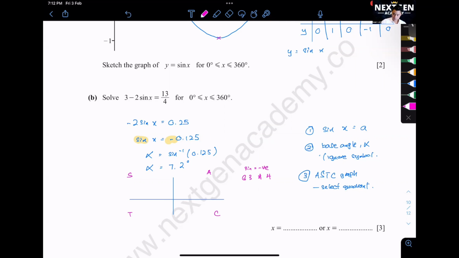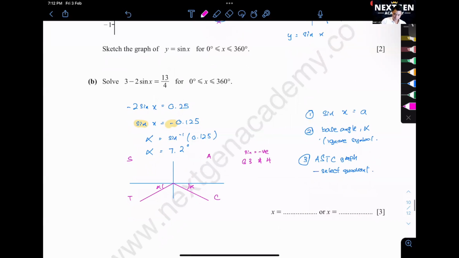Then we draw the line. We draw a line here and draw a line here. So I know that my alpha is here and here. To do the calculation, you have to remember over here is 180 plus alpha. Here is 360 minus alpha.